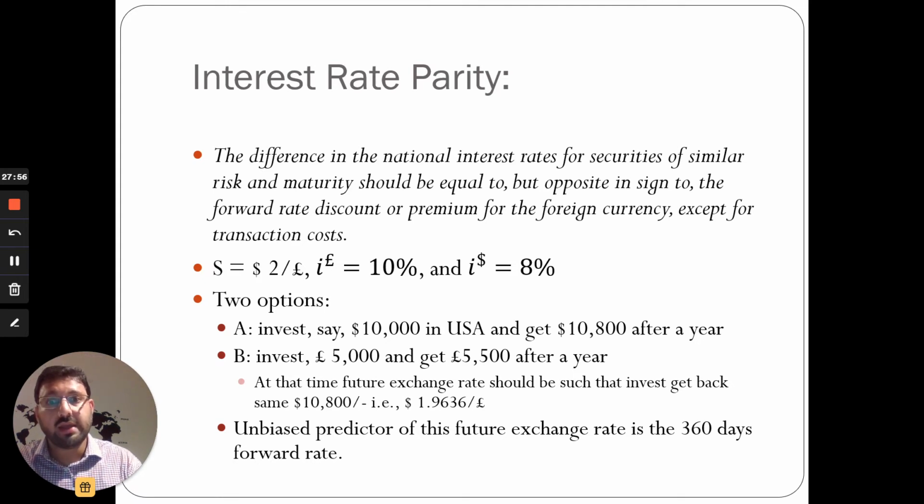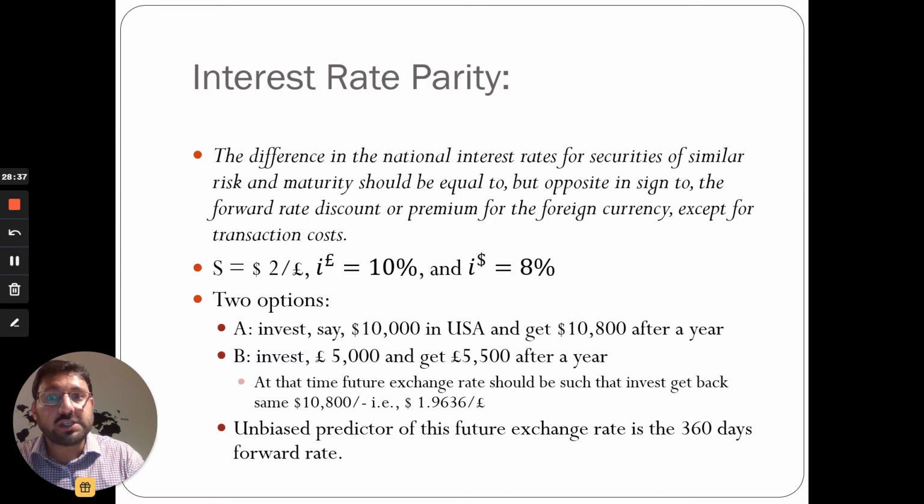And I'll show you that if the system is not in equilibrium, meaning that if the forward rate is such that the investor locks his position of the future proceeds at today's forward rate, say the investment horizon is 1 year, and he locks into the 1 year forward rate and ends up getting more, then obviously it means that the interest rate parity is violated.